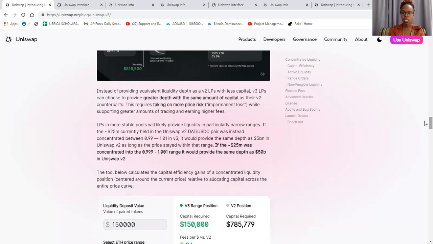So they are also waiting on that so that they can integrate V3 with that layer in Ethereum. So for the fees, they have reduced slightly, but not much. Even if you notice, it's not that much, so it did not affect the gas price or the transaction fees in Uniswap.